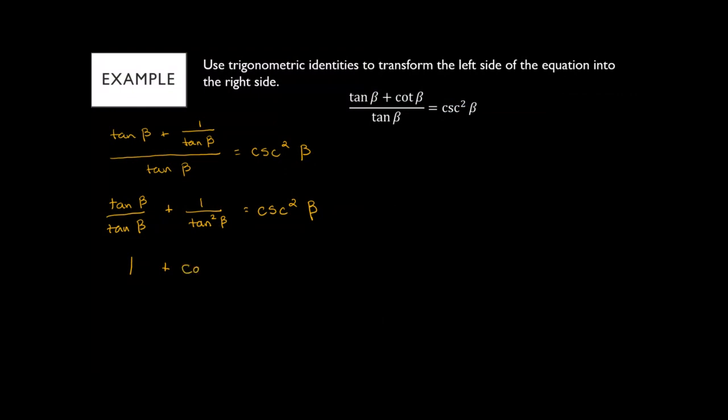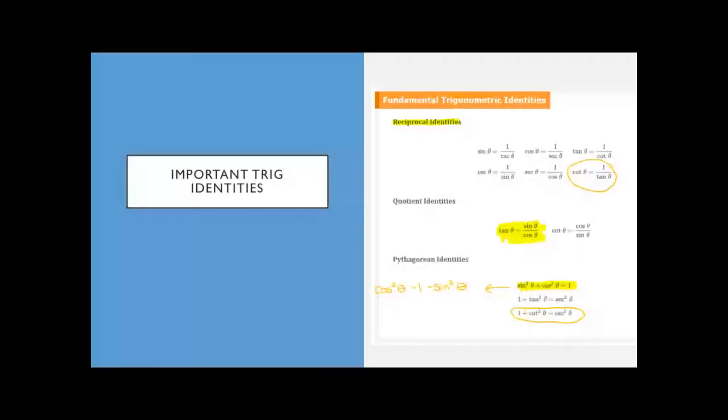So this will be 1 plus cotangent squared of beta equals cosecant squared of beta. And then going back, that gives me that bottom Pythagorean identity: 1 plus cotangent squared of theta equals cosecant squared of theta. So we're going to use that Pythagorean identity to get cosecant squared.